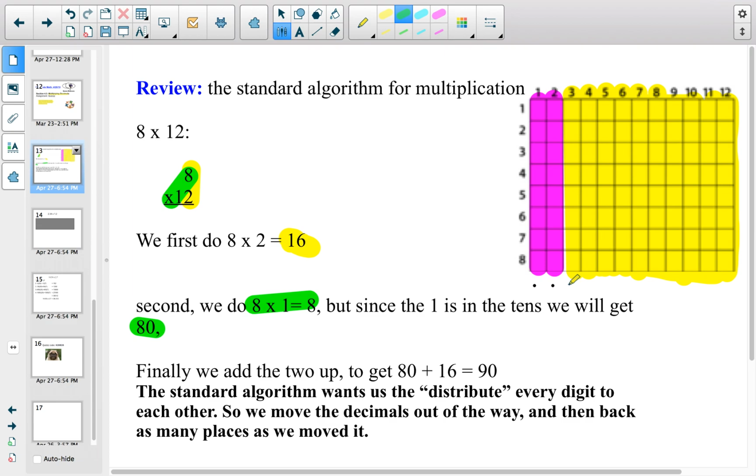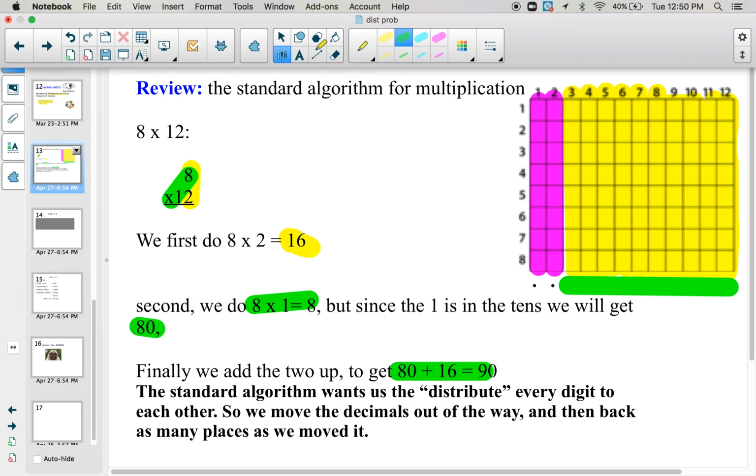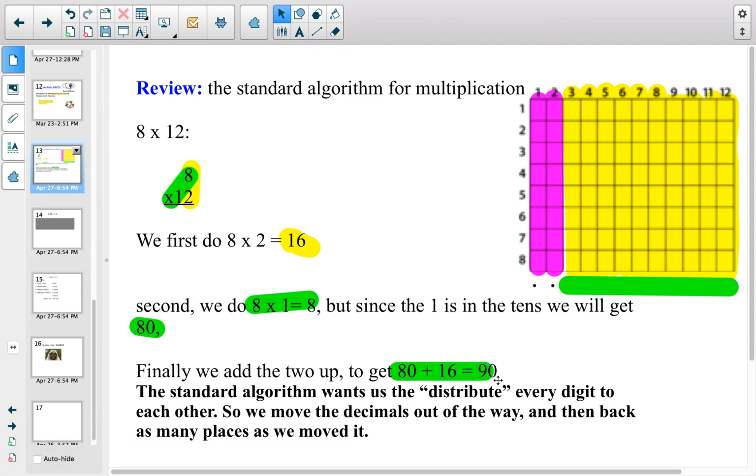Right here is that 8 times 10. If we add that up, we still have this giant square, so we would have 8 times 12. We add up the pink and the yellow part, and we get 80 plus 16 equals 96.